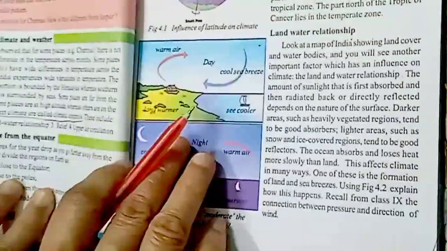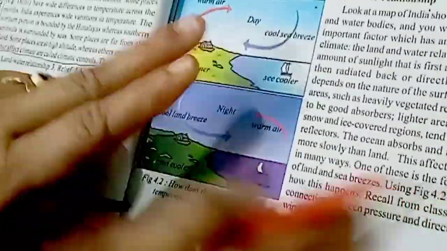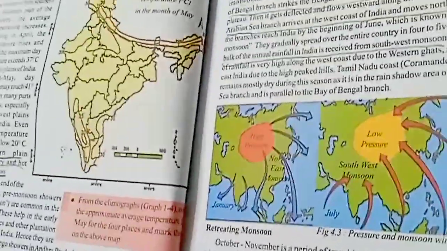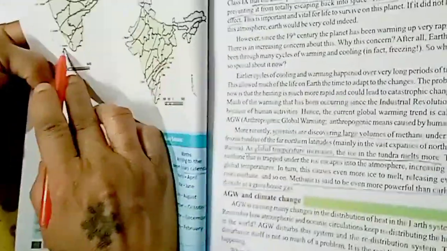And next, the land and water relationship. This diagram is also sometimes given for 2 marks. And next, the monsoon winds maps, sometimes they may be given. Generally the entrance of the monsoon in India is 1st June, so that is also very, very important.